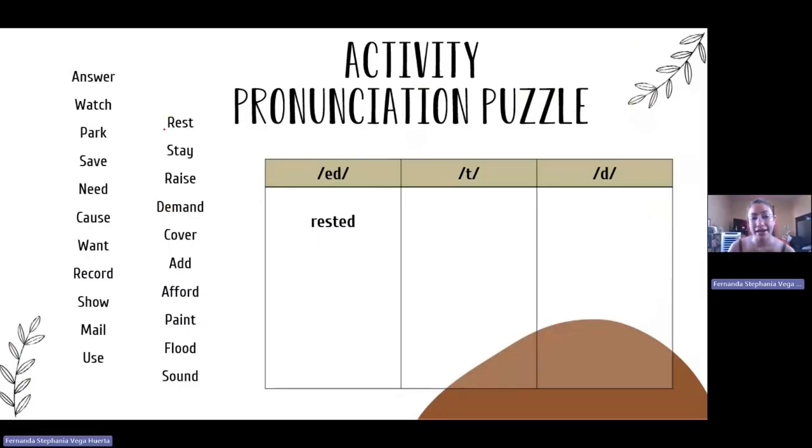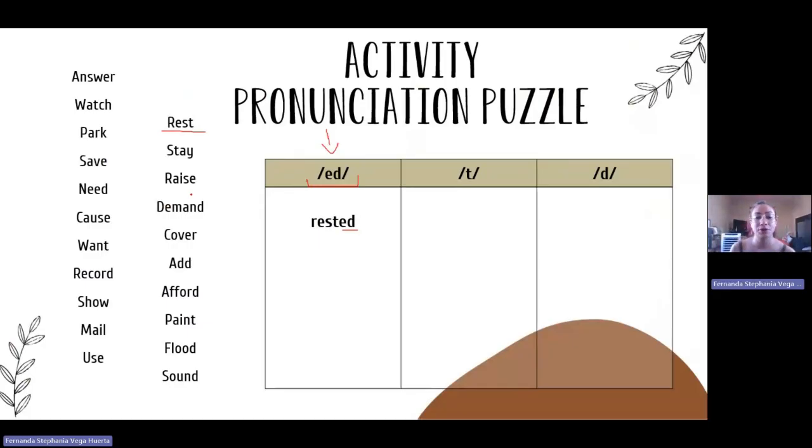So in this one, we have rest. It is rested with ed in past, and rested is pronounced with an ed sound, so it's going to be in this column right here. You choose the column according to the pronunciation that the verb has, okay?